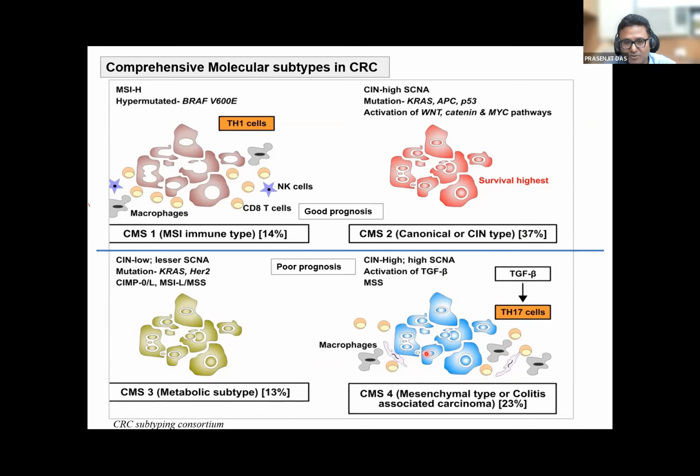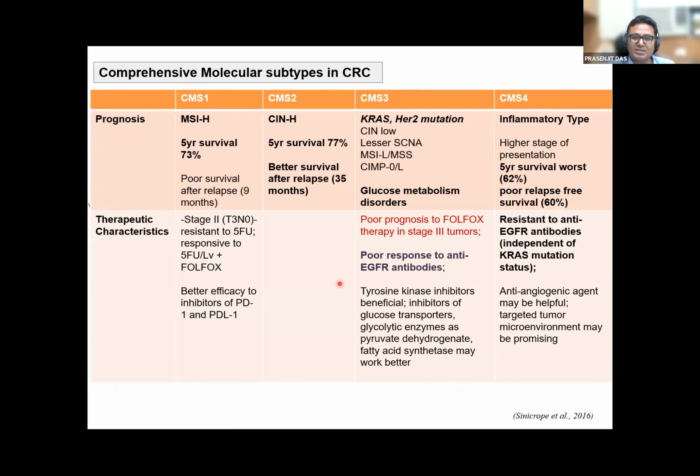and this has a very poor prognosis. So if we draw a line between these 4 types, the upper part, that is CMS type 1 and type 2, have relatively good prognosis, and CMS type 3 and type 4 have poor prognosis. Also, this classification is important because, apart from survival, the treatment response and treatment decision also depend on this.